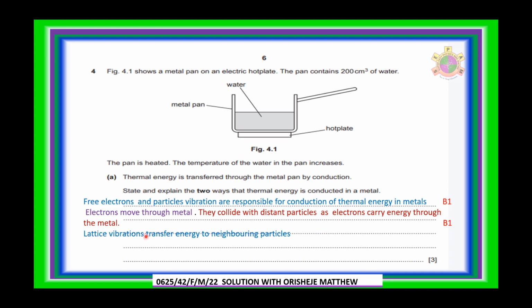So a particle vibrates and causes nearby particles to vibrate. So you see the conduction process. The vibrating particles collide with other particles, transferring energy. This is how you can explain conduction using the molecular atomic model.